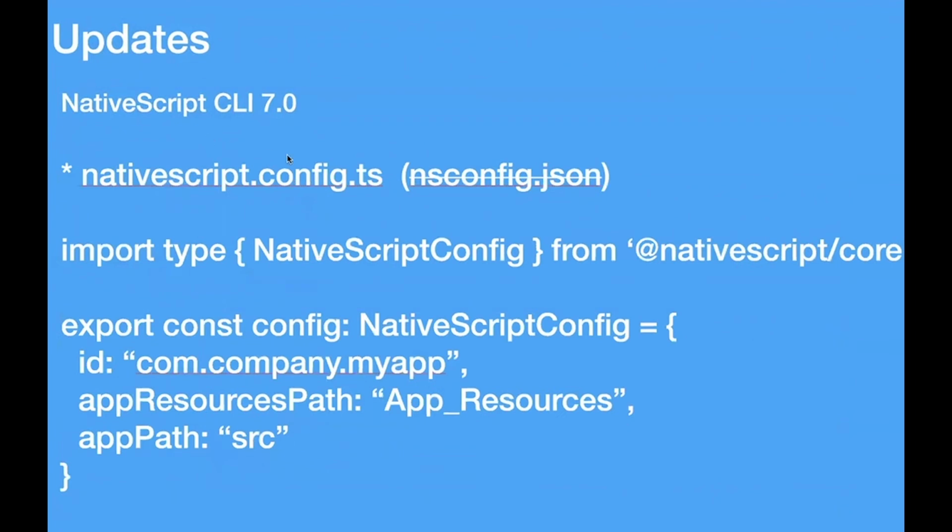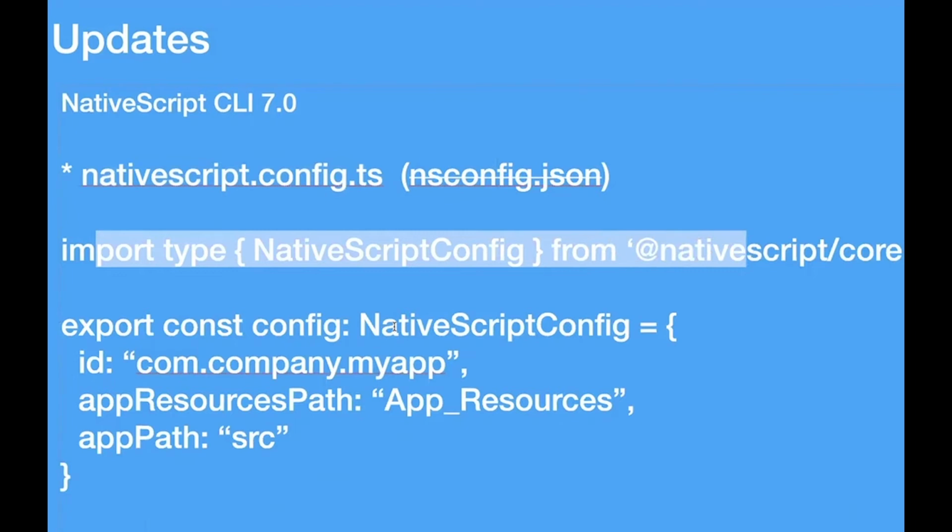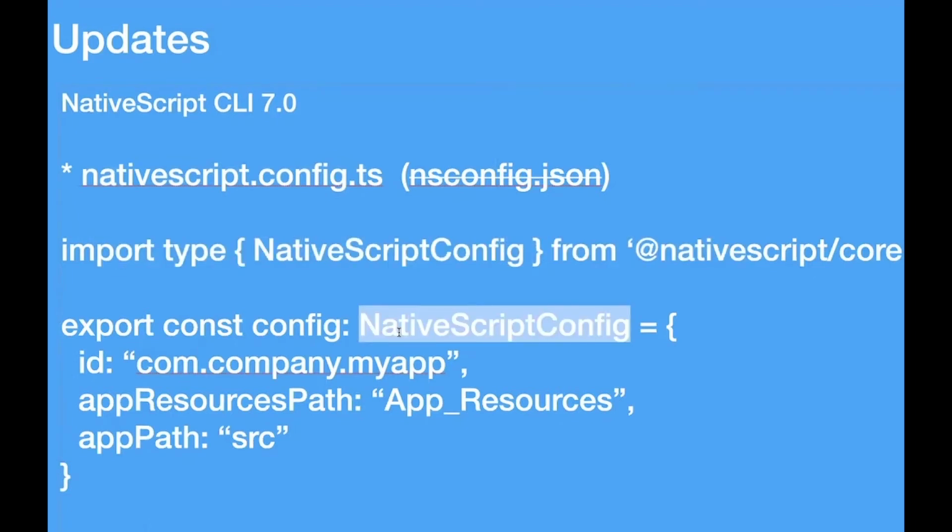The other big thing that we touched on last week, I want to give a little glimpse of here, is the NativeScript config. We are doing away with nsconfig.json, and we'll be replacing this with NativeScript config. We're planning on, for most TypeScript-based projects, introducing this as a TS file. The advantage is that it will import a type from NativeScript Core that makes the config completely strongly typed.